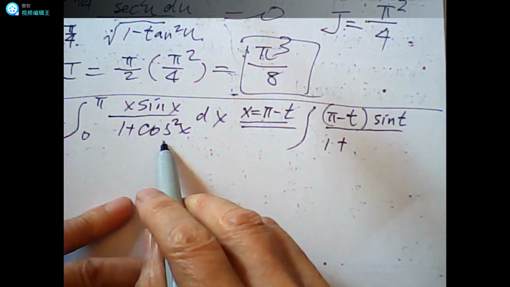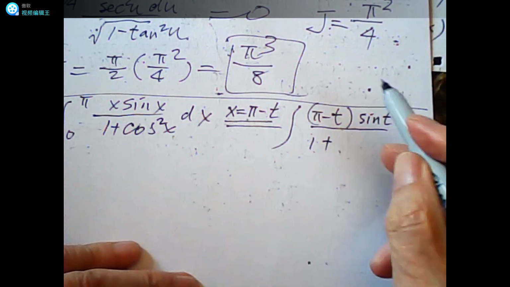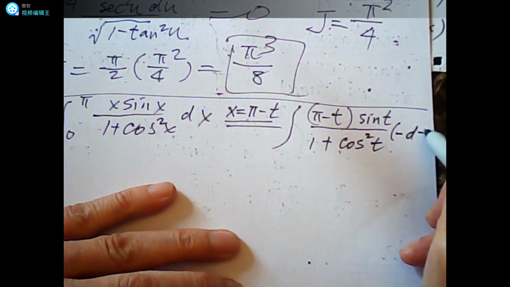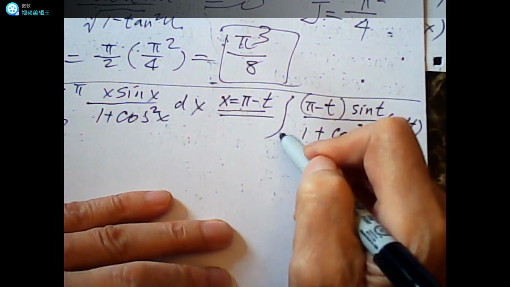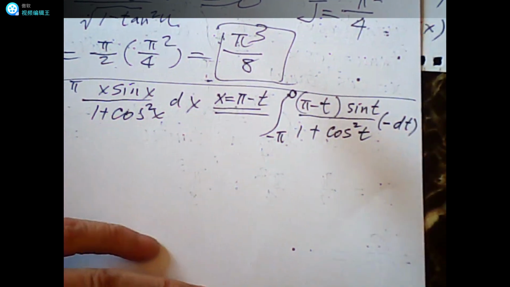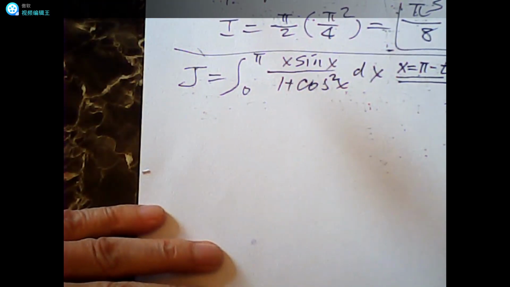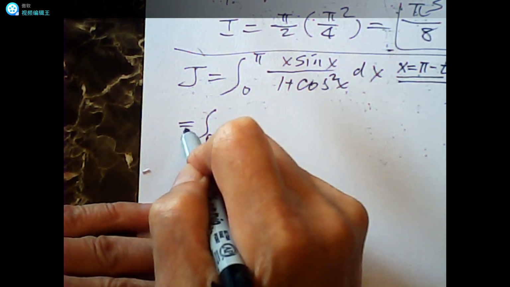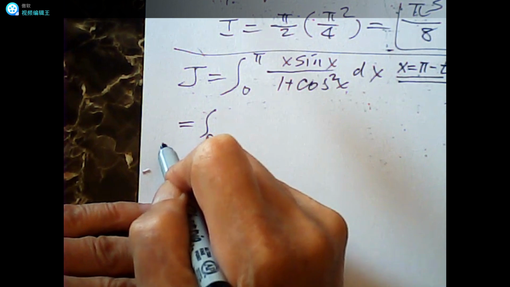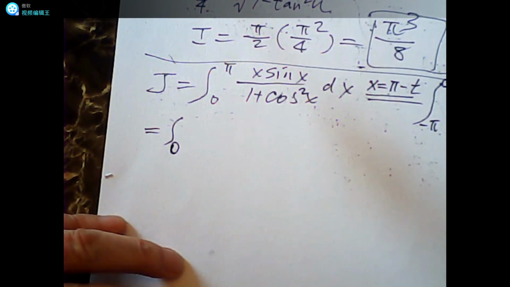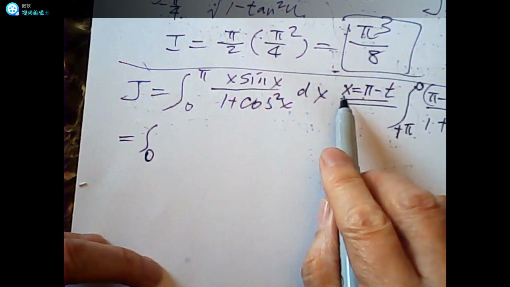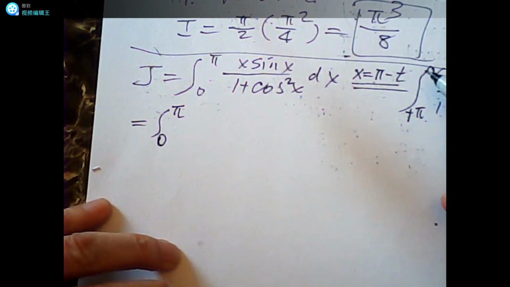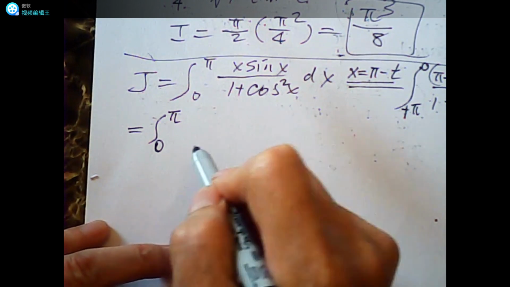This will be 1 plus cosine of this angle, which is negative, right? After squaring, still t. So cosine square t, negative dt. And this will be negative pi to 0. Now I use this negative to switch the interval. When x is 0, this is pi, yeah. So 0 to pi, switch it up, but this negative is gone.